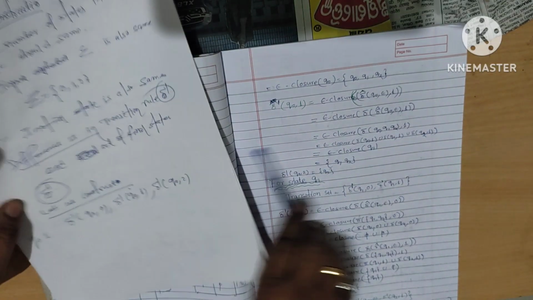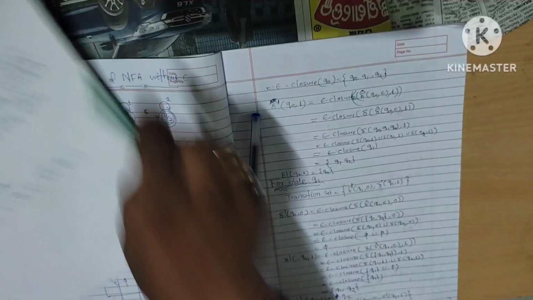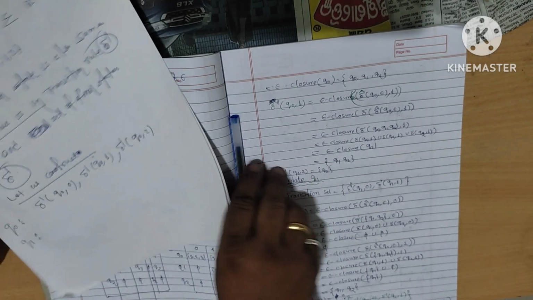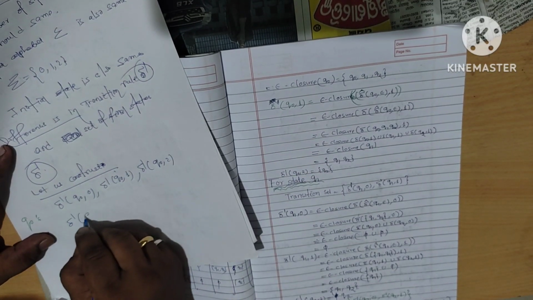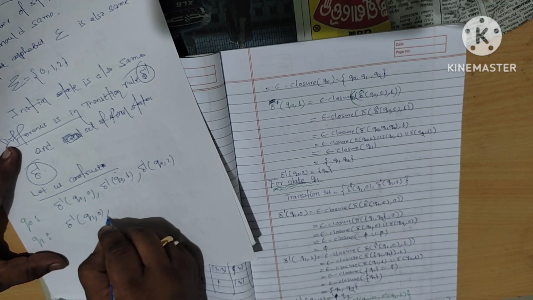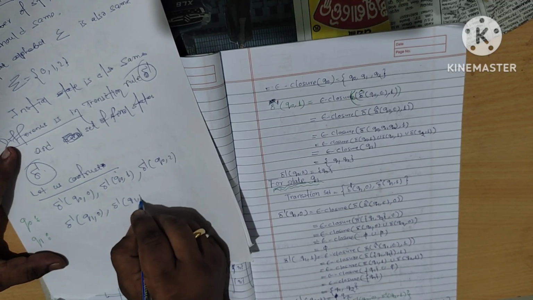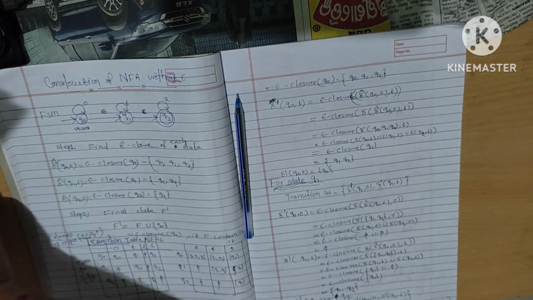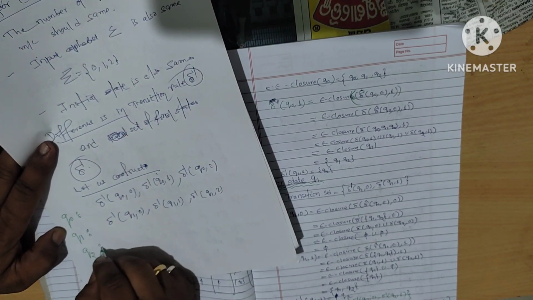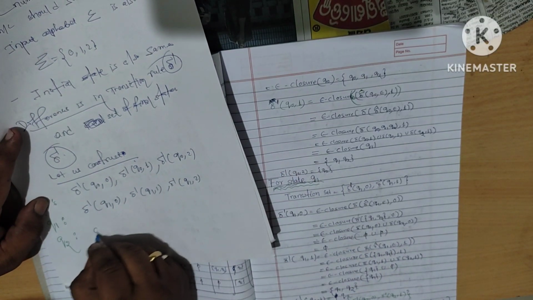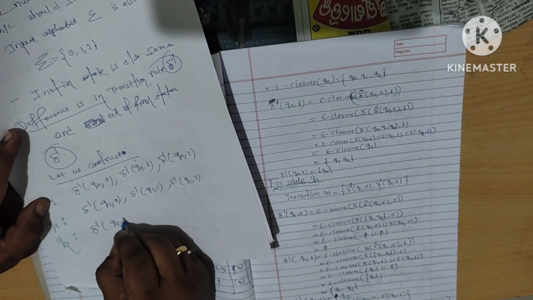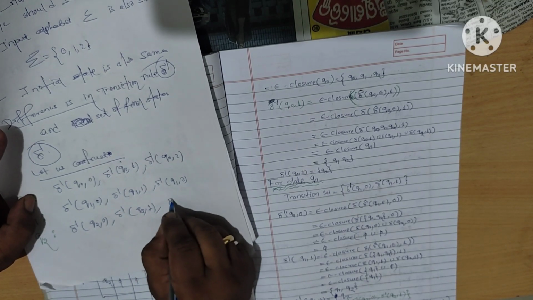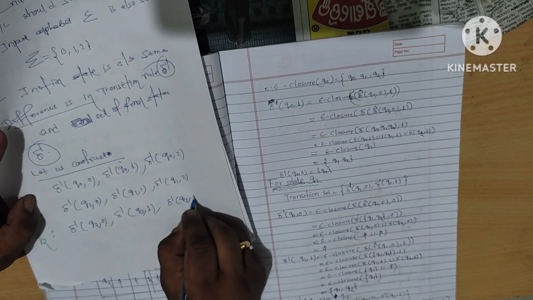Similarly, we can write for Q1: delta dash Q1 comma 0, delta dash Q1 comma 1 and delta dash Q1 comma 2. Similarly, one more for Q2: delta dash Q2 comma 0, delta dash Q2 comma 1, delta dash Q2 comma 2.